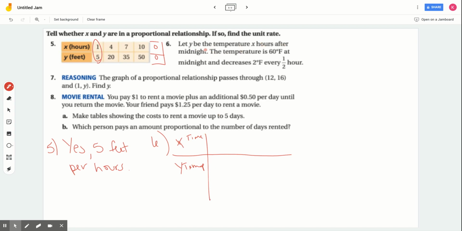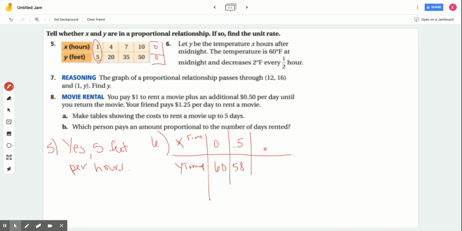So midnight is the start. So we can put in the 0 here. So midnight is 60. After 1 hour, every half hour. So after 1 hour, if every half is 2, every half hour it goes down 2.